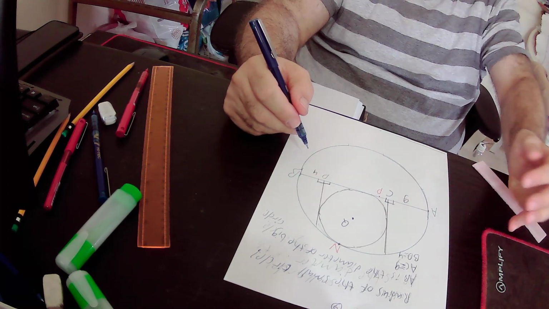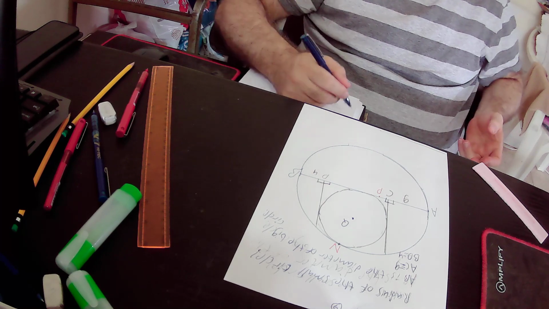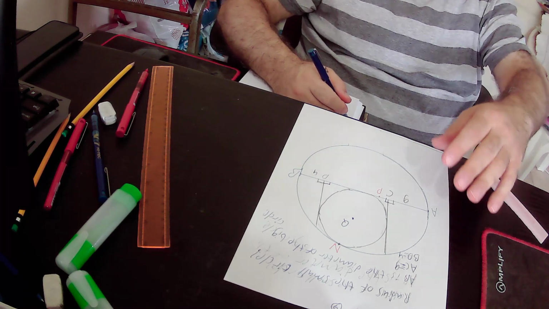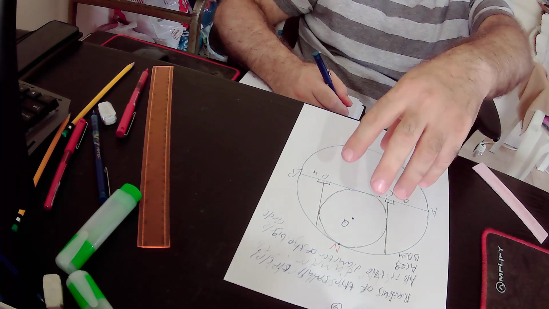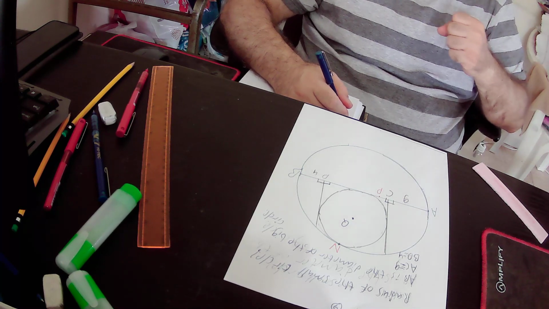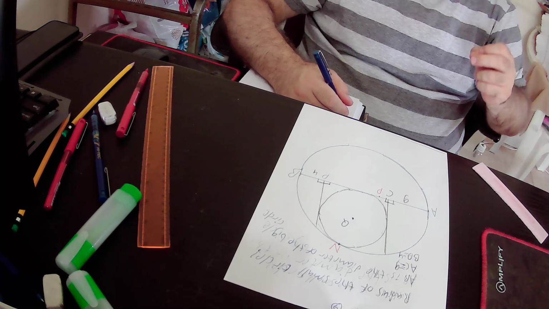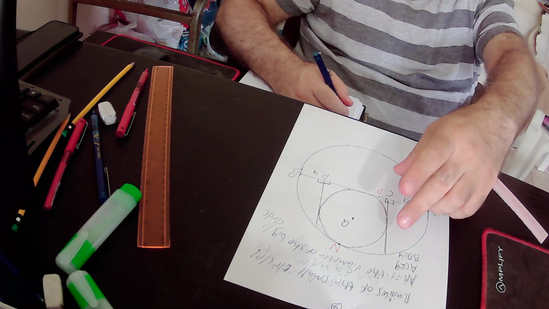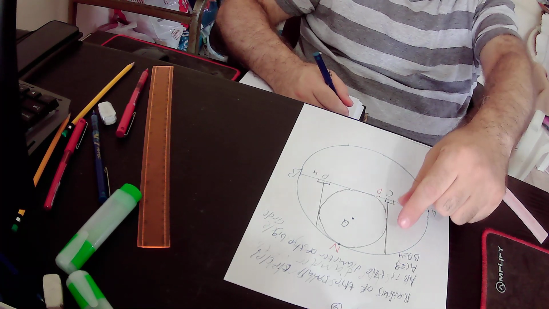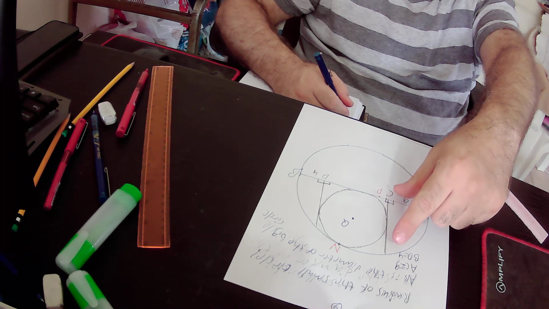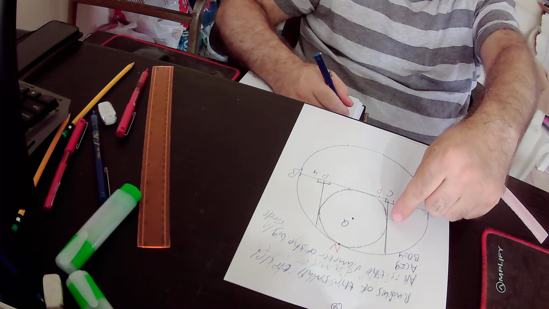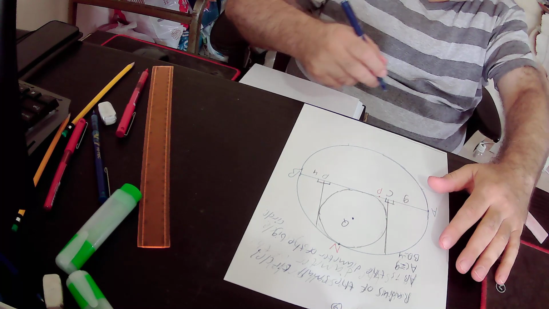Okay, and we also know that the small circle has tangents. The first tangent to this circle is tangent to the circle at this point.